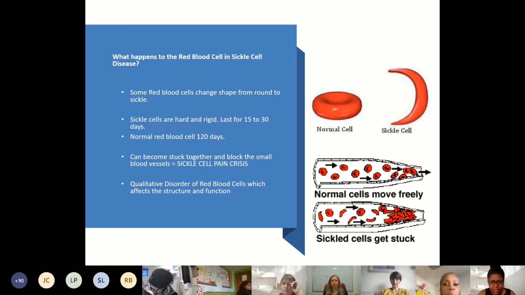We refer to it as a sickle cell pain crisis. Once again, it's the quality, structure and function of the red blood cell that is a problem for children and adults with sickle cell disease.